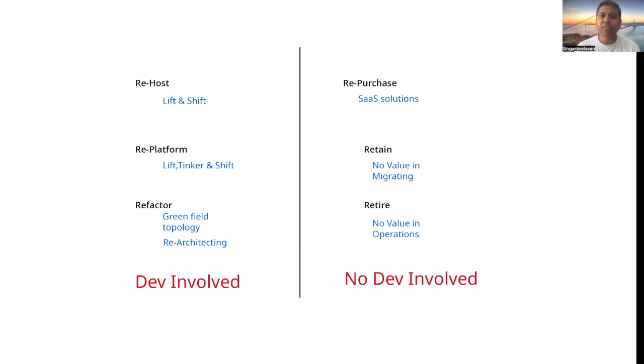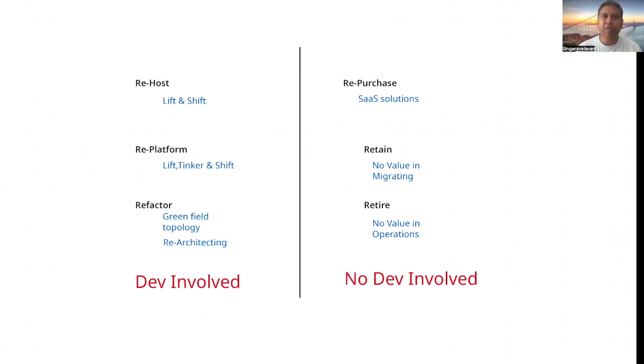And you start running your application and maintaining it as you would in a physical data center. You'll have your system admins log into your AWS machines, and they will keep maintaining the system and running it as they would in a normal physical data center scenario. This is the quickest way to migrate to cloud, but it is not fully utilizing the full capabilities of your cloud service provider.